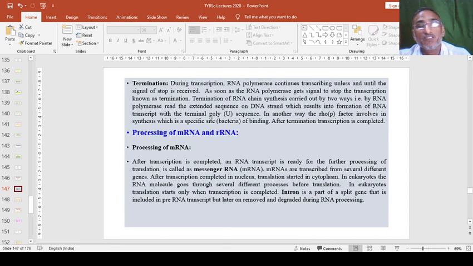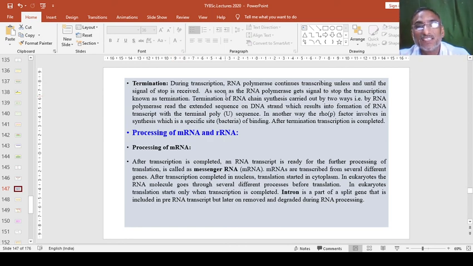Termination. When the RNA strand is formed completely, then it is important to terminate it. Then the complete RNA strand is formed. So, termination. During transcription, RNA polymerase continues transcribing until the signal to stop is received.